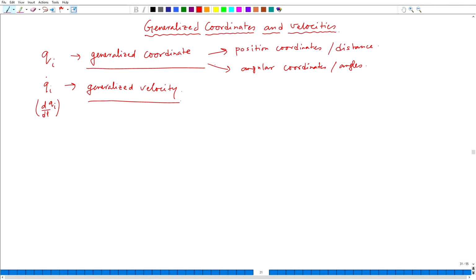So, that is why whenever we are talking about the corresponding generalized velocity for a single particle in classical mechanics, the generalized velocities will also be correspondingly usual velocity and angular velocity.